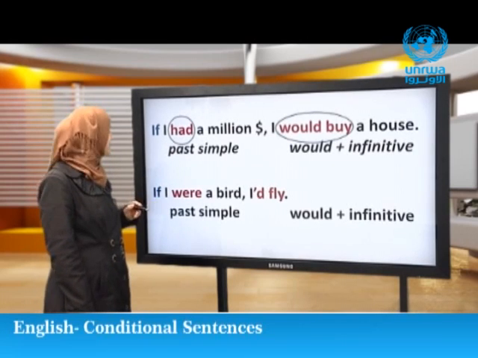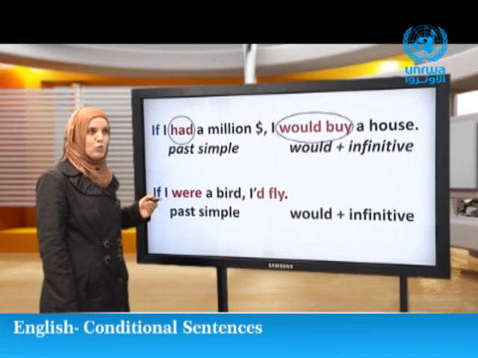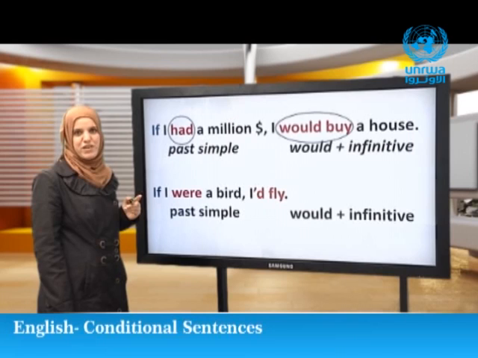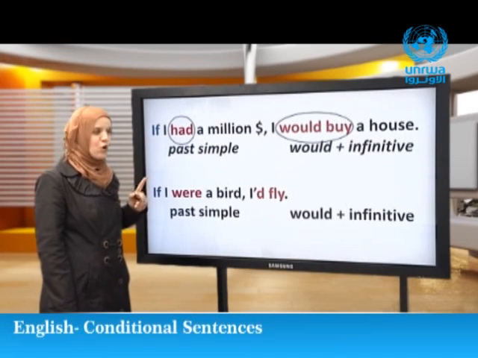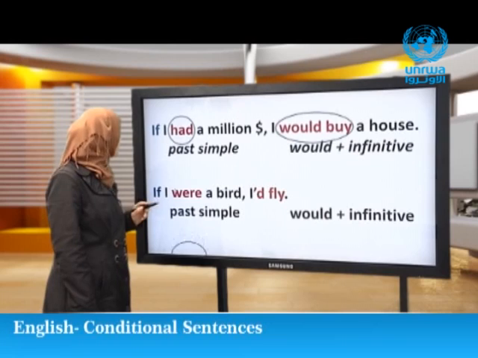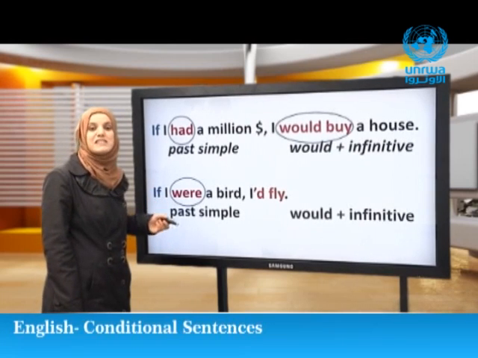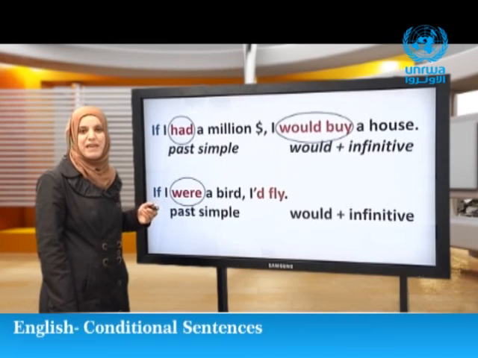Let's move to another example. If I were a bird, I would fly. What does the sentence begin with? It begins with if. If and not when. When here is incorrect. Look at the verb were. What tense is were? It is past simple. It is the past of verb to be.